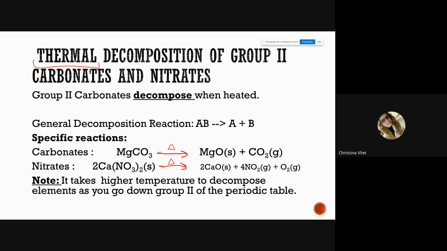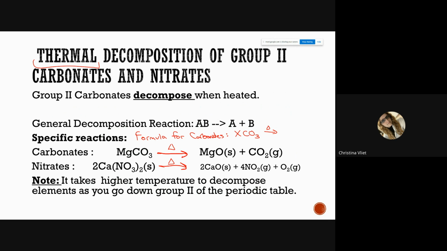I gave a specific reaction here. If I was to give a formula for carbonates, it would look like this. XCO3 with heat. What do you think the products are? Yes, Alex, go ahead, grab the cup.